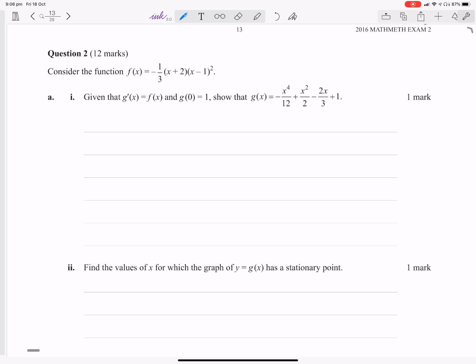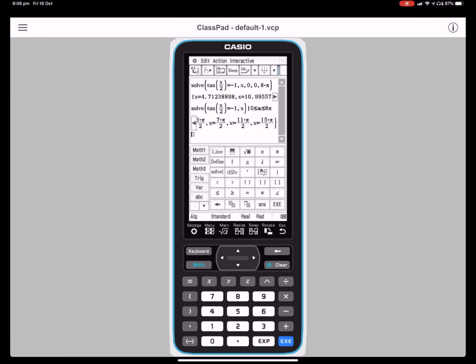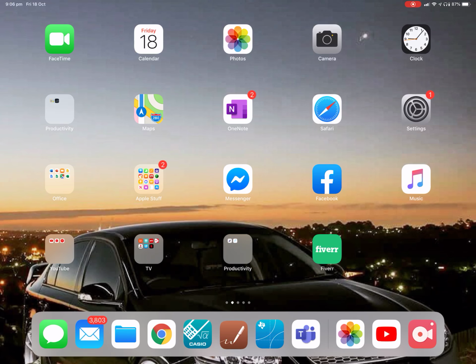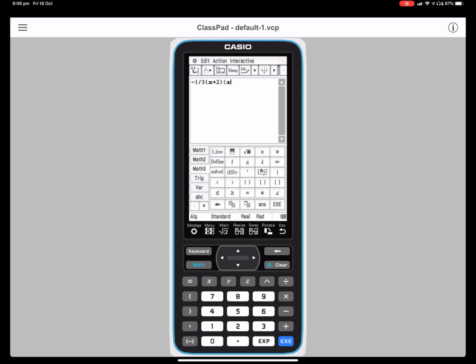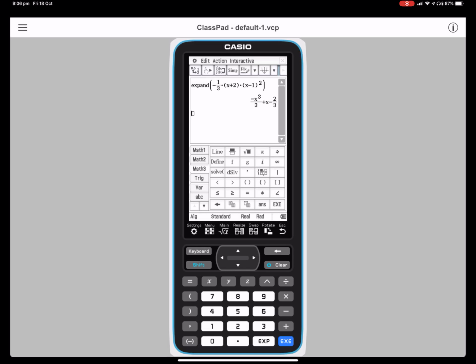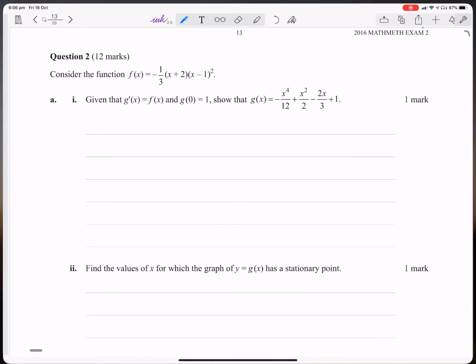Okay, consider that function given that g dash of x is equal to f of x. So negative a third, negative 1/3, x plus 2, I think it was, x minus 1 squared. So I would expand that on my calculator. Negative x cubed plus x minus 2/3.